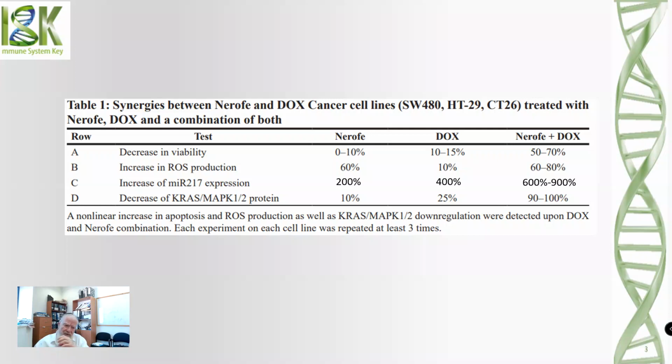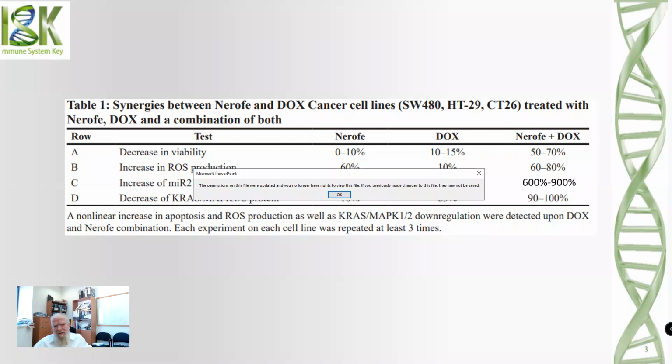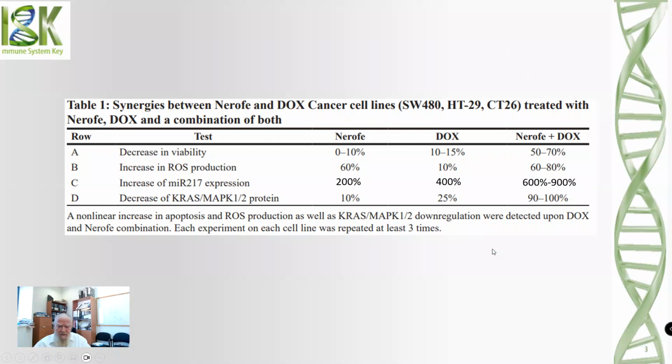When you combine them, we can get between 50 to 70% direct apoptosis effects. Increase in production of oxygen radicals: when you apply Nerofe to cells, you can see around 60% increase of production of oxygen radicals. Doxorubicin is adding 10%; together, we can get between 60 to 80%.